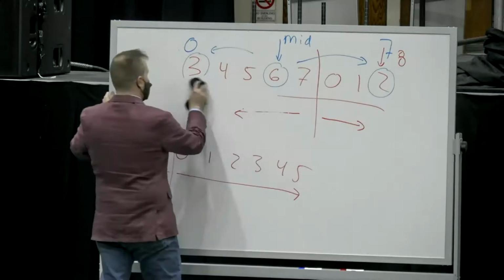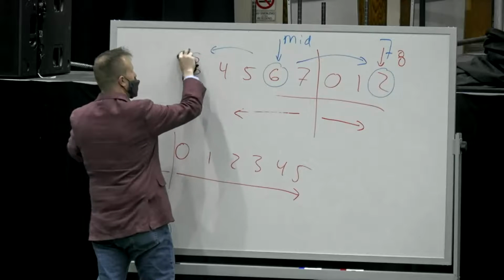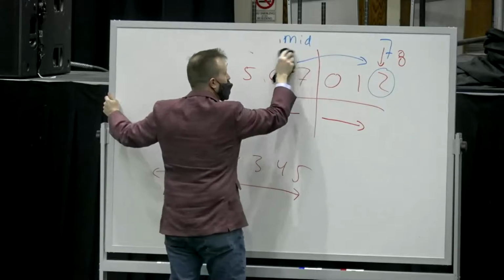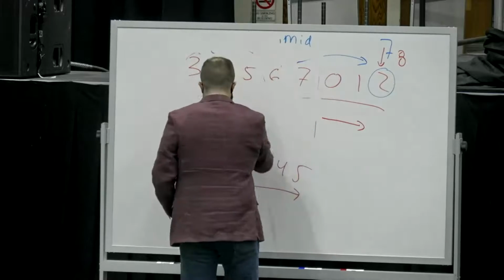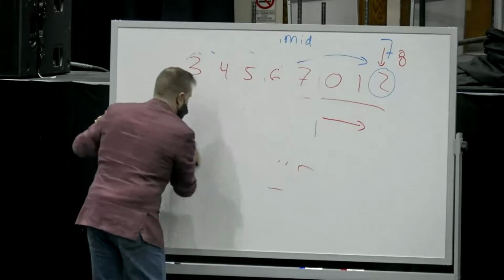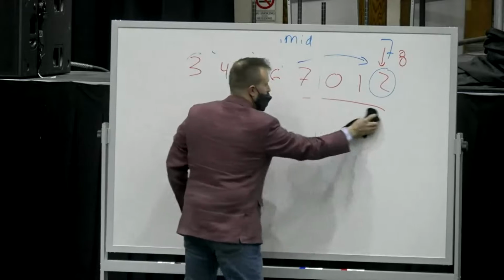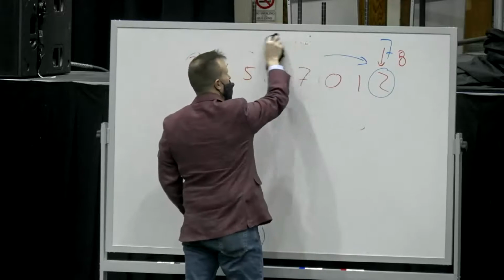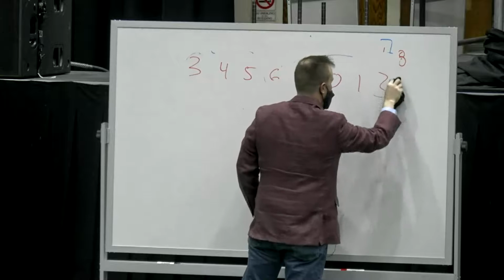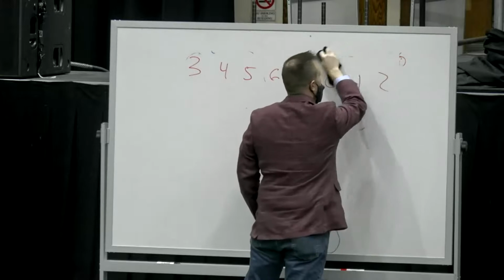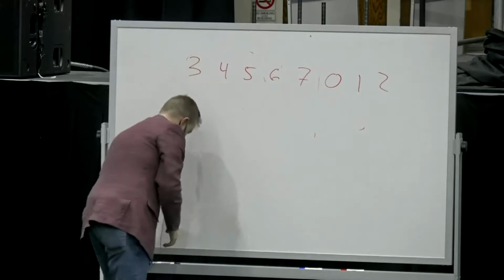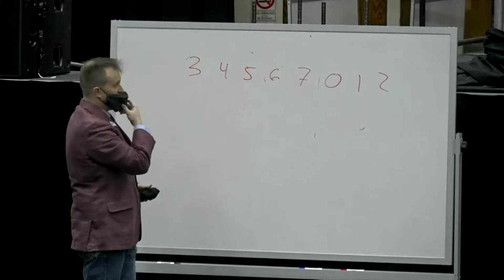The crucial thing, and I'm going to leave these numbers up because this will emphasize it: instead of putting them in order like you might see in the code, we're going to disassociate the idea of data and structure. In this particular linked list, I have a set of elements, and they go 3, 4, 5, 6, 7, 0, 1, 2.